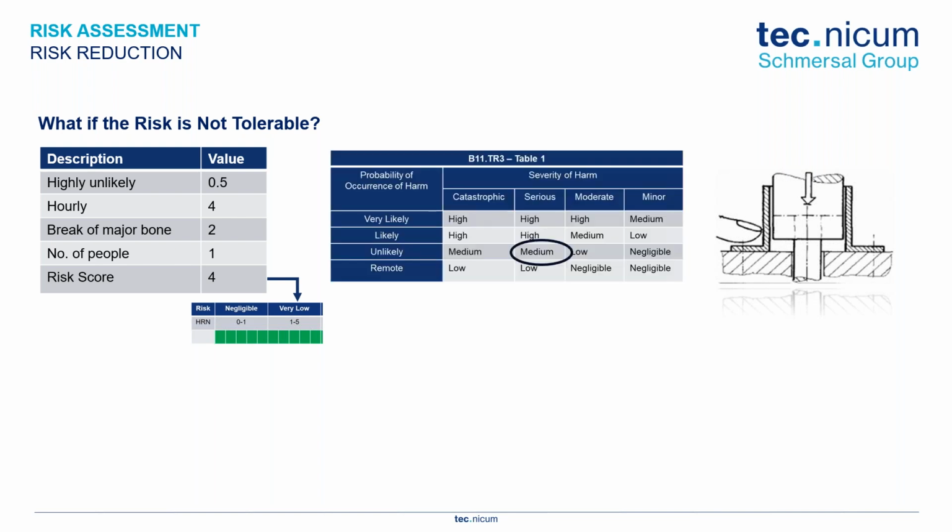Again, using the table from the technical report, the severity of harm is the same. We didn't change that. It's still there. The only thing that would change is the probability of occurrence. So maybe now it's unlikely, and so we went from a high risk to a medium risk. Now we may say, okay, is this acceptable?